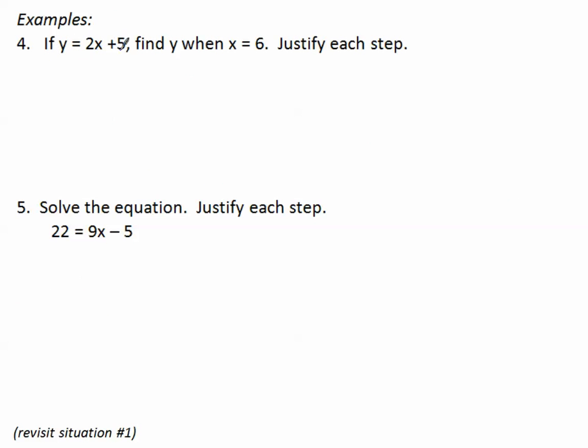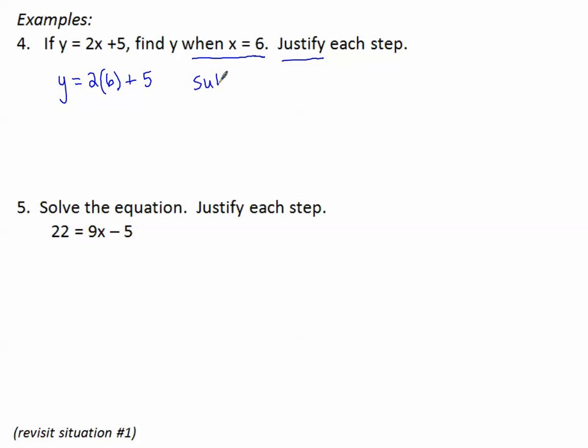If y equals 2x plus 5, find y when x equals 6. Justify each step. Well, find y when x equals 6. So I'm going to take this equation, y equals 2, and instead of the x, I'm going to put the 6. That's called substituting.